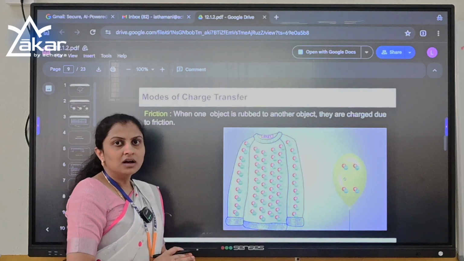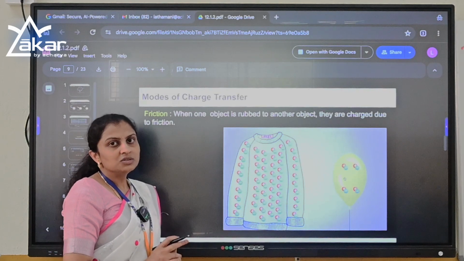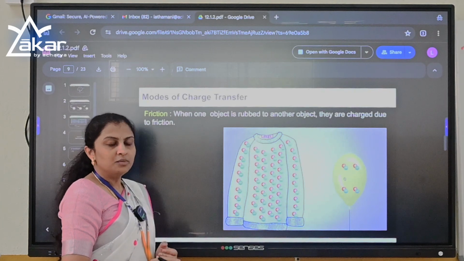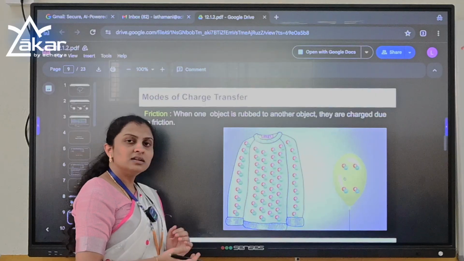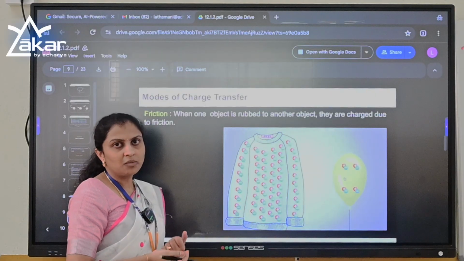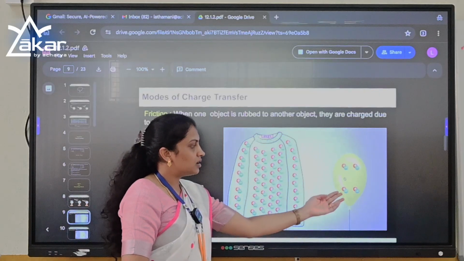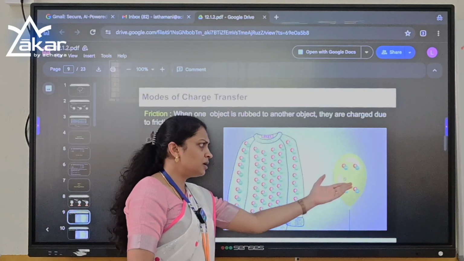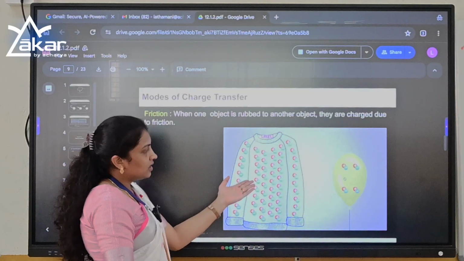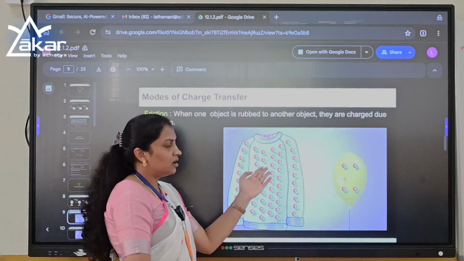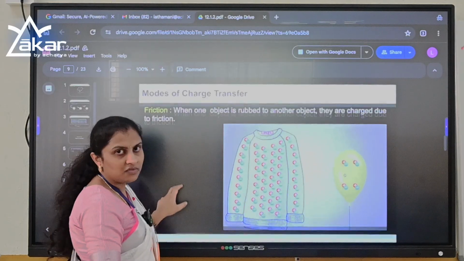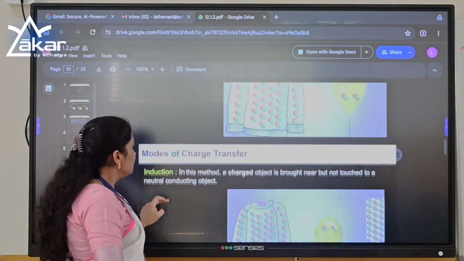Rub both objects, so they get charges, and the charges can transfer from one object to the other. Here we have taken a balloon rubbed with this cloth, then charge can transfer from the balloon to the cloth. This is one example of charging by friction.